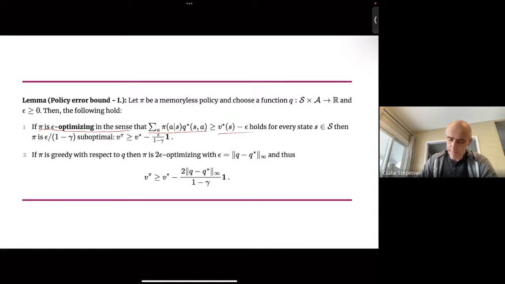The other part of the result is that if pi is greedy with respect to Q, then pi is 2 epsilon optimizing.